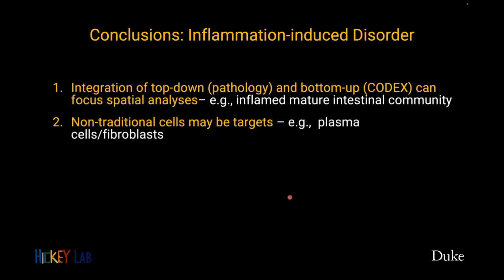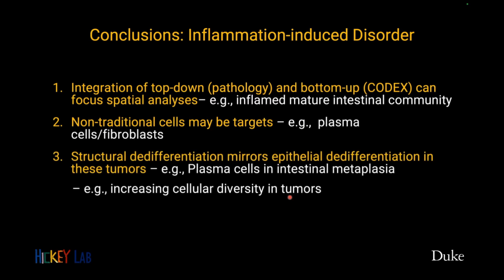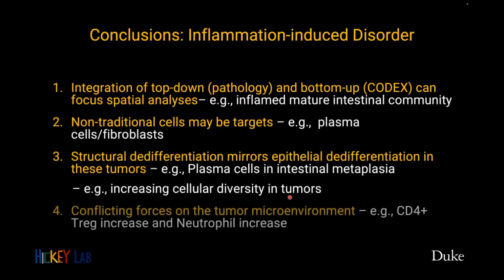And so thinking about how you reverse this with non-traditional cell type targets like plasma cells or fibroblasts may be important. And then we see this structural dedifferentiation that mirrors the epithelial dedifferentiation. And it's a chicken and egg question of which came first.